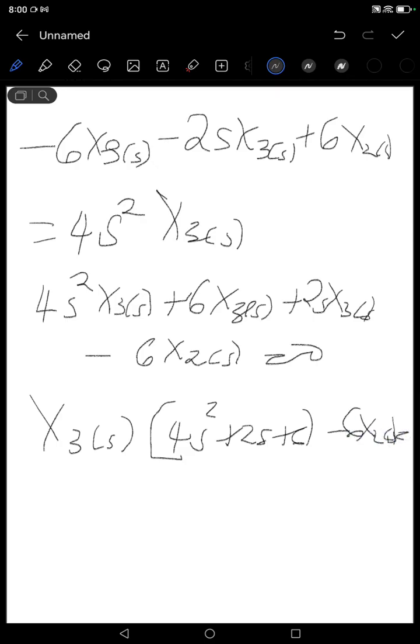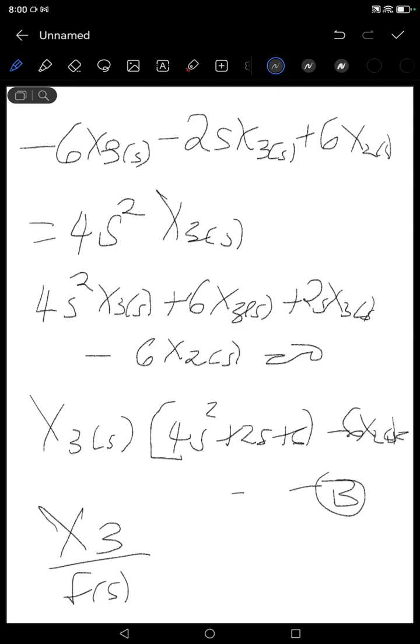So now we have 3 equations. This is the third equation, and remember the question wants us to determine what? X3 over F of s. So from those 3 equations, that's where we're going to determine X3 over F of s.